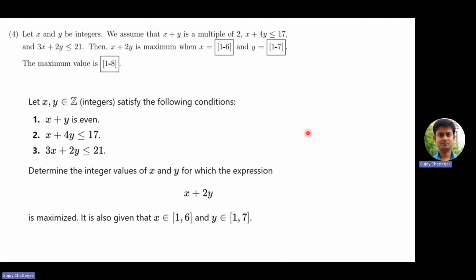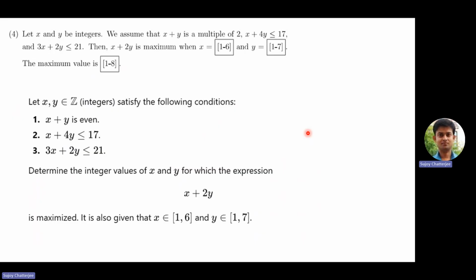So let x and y belong to Z, which is the set of integers, and we assume that x and y satisfy the following conditions. x plus y is even. This is given because it's a multiple of 2. x plus 4y is less than or equal to 17, and 3x plus 2y is less than or equal to 21. Determine the integer values of x and y for which the expression x plus 2y is maximized.